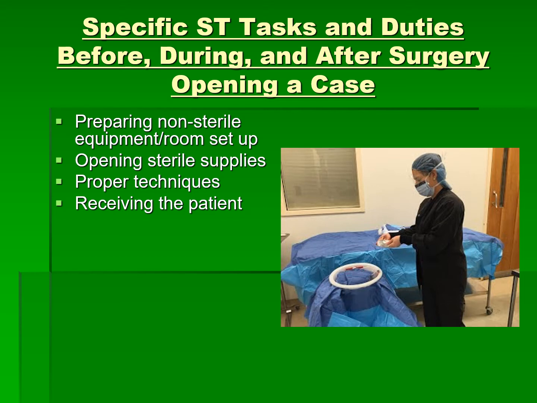Okay? So once the patient gets in, then they're going to move over onto the operating room table like we have practiced in the classroom. And once they get over there, then you're going to get the arm boards, they're going to get the little safety strap, and the anesthesia care provider is going to go ahead and administer the anesthesia.